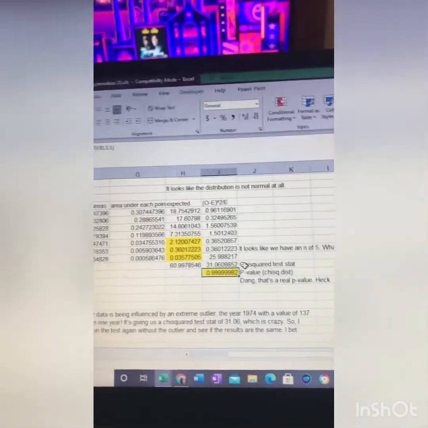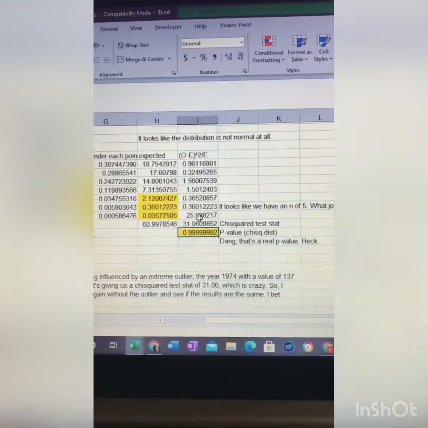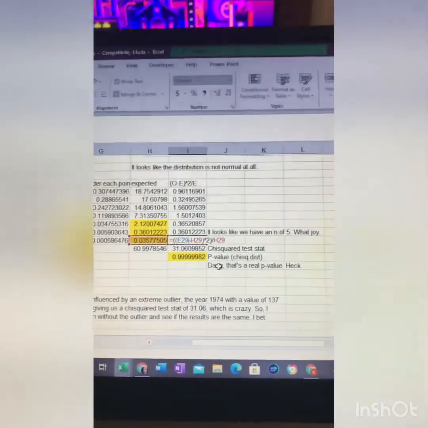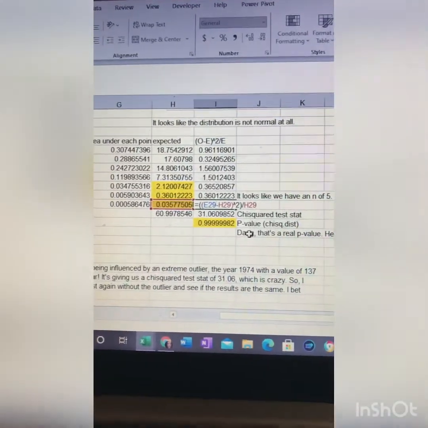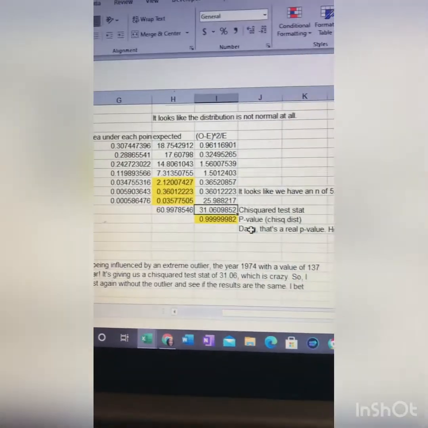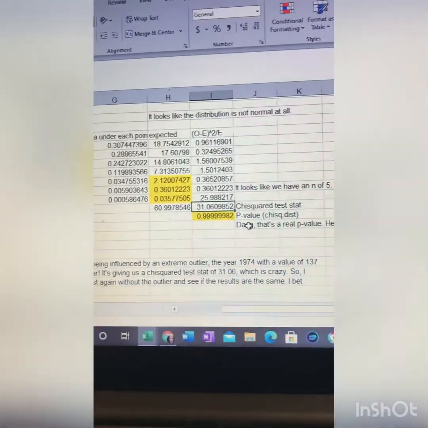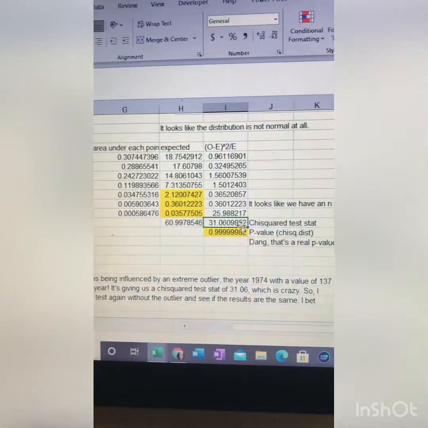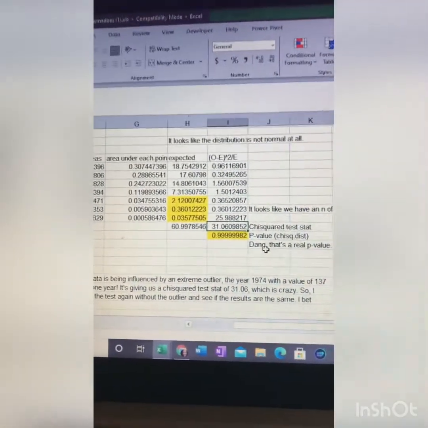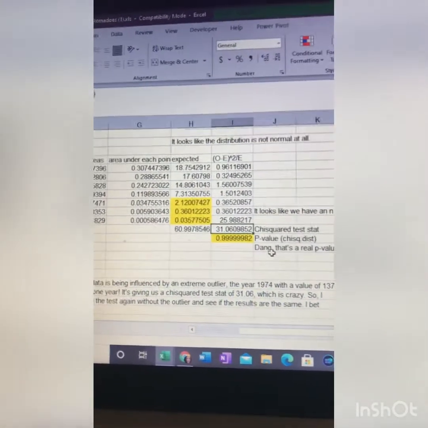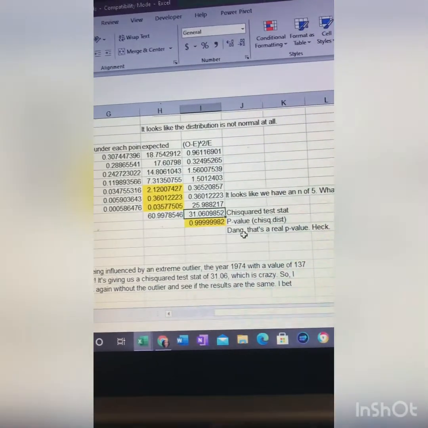Now, looking at these values, it looks like we have a huge outlier right here with our one value falling within the 137. Just having that value right there makes me wonder if these values actually are not as normal as they appear to be.